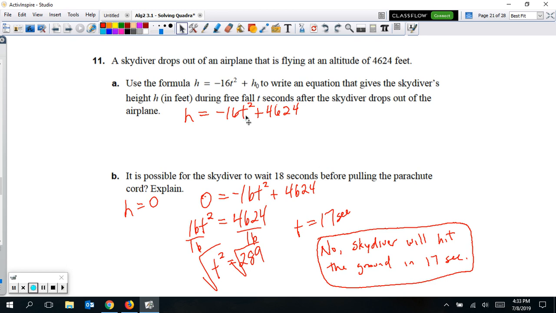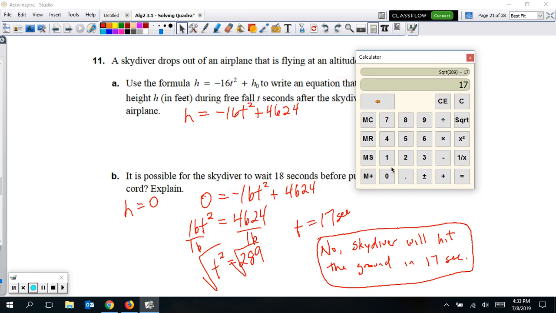If you would have put 18 seconds in here and worked this out, you would have figured out that it would have been a negative number. Let's just play that out real quick. 18 squared here is 324.